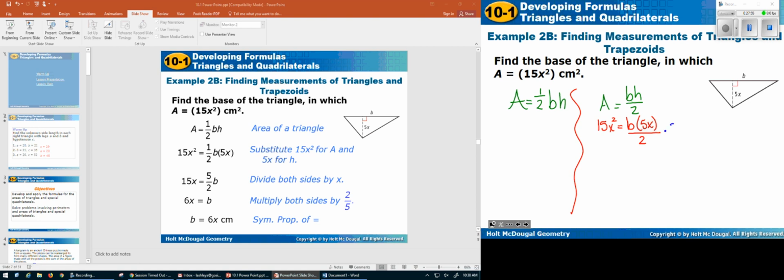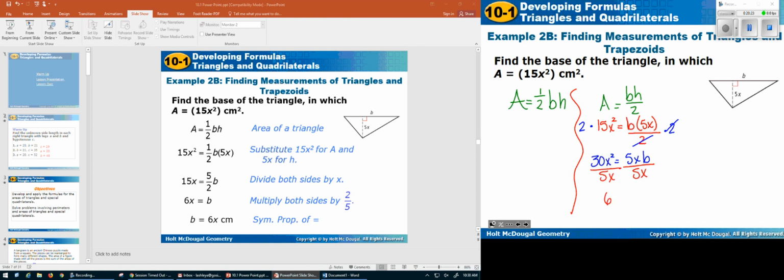Good, multiply both sides by 2 so they cancel on the right, multiply the left by 2. What do we end up with on the left? 30x squared equals 5x times b, right? Because we're looking for b. Okay, then what do we do to solve for b? Divide by 5x. Okay, what happens with 30 divided by 5?